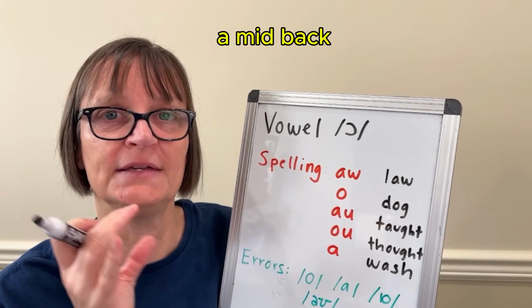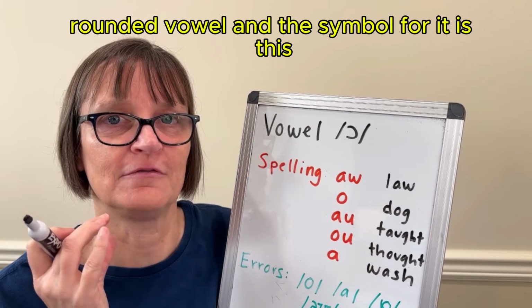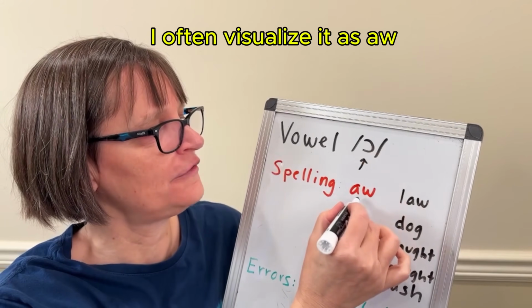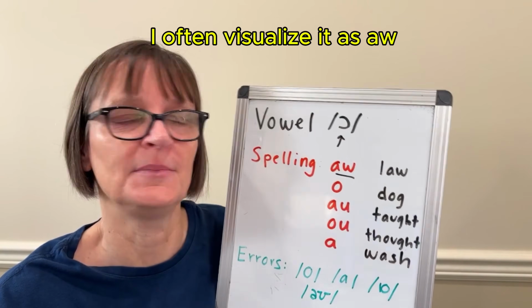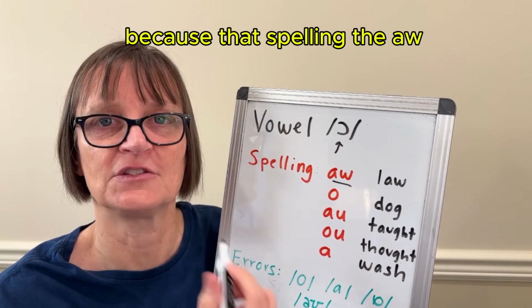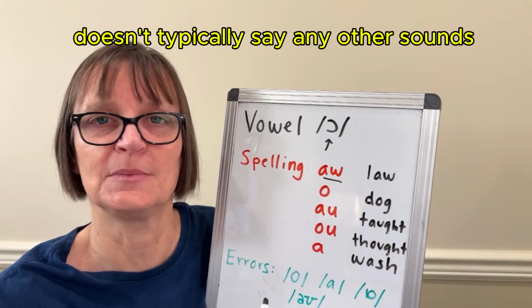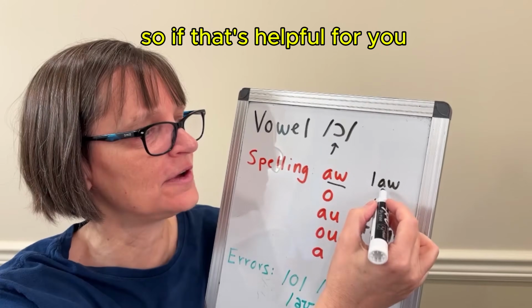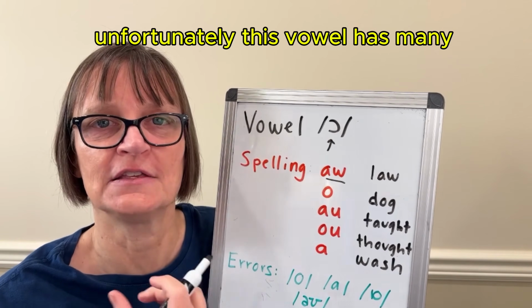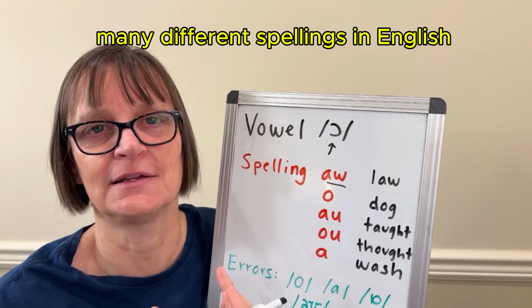It's a mid-back rounded vowel, and the symbol for it is this. I often visualize it as AW like we have in law or saw, because that spelling, the AW, doesn't typically say any other sounds. So if that's helpful for you, you can visualize it that way. Unfortunately, this vowel has many, many different spellings in English.